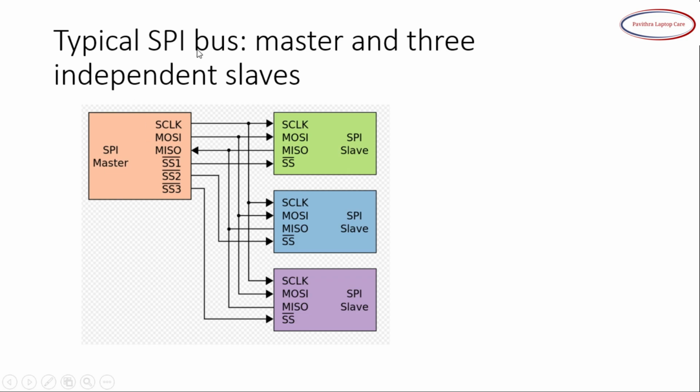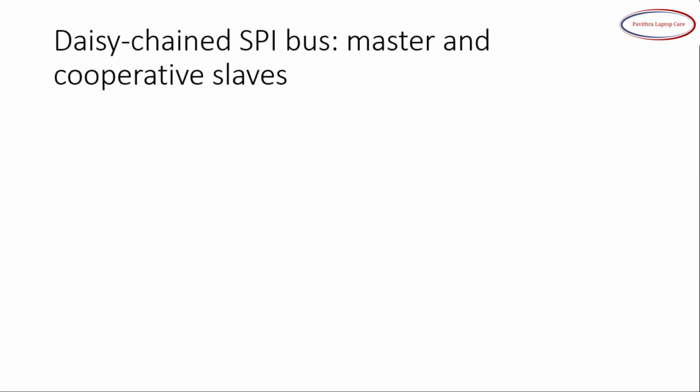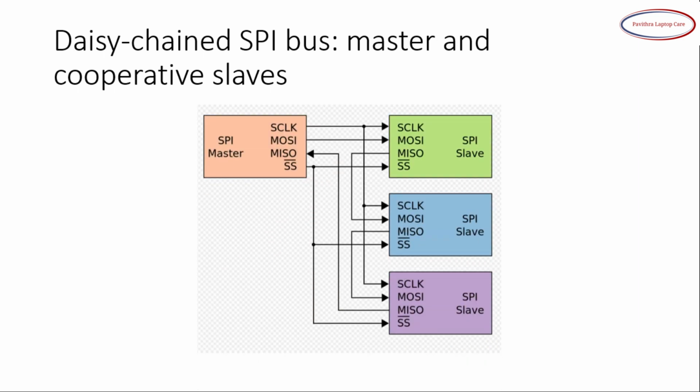Okay. Let me check one more example. That is daisy chained SPI bus, master and cooperative slaves. Same diagram, small changes. See, this is master and these are slaves. Same diagram, but one change is serial clock directly parallelly goes to all three. MOSI, master out slave in, is going to the first, but it's not going to the second one.